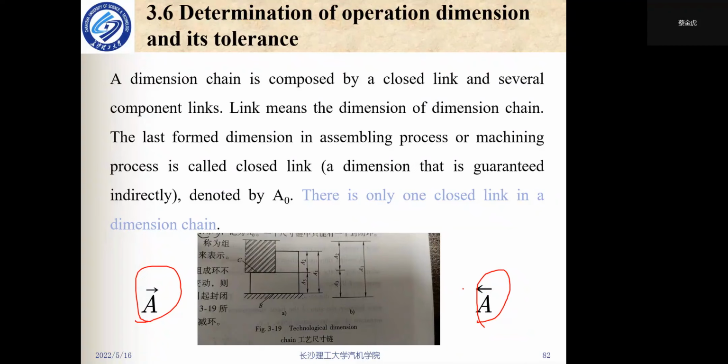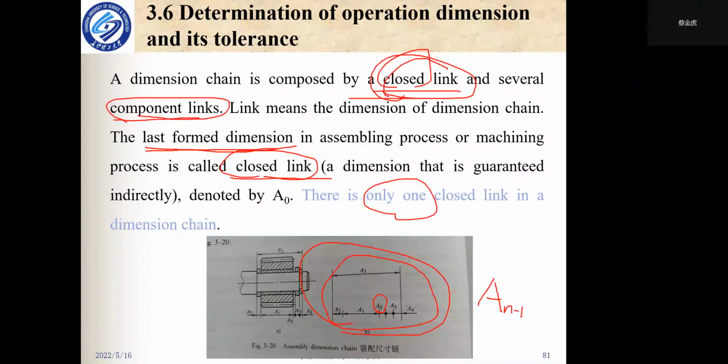Suppose other component links are constant. If the variation of a component link would lead to the variation of the closed link in the same direction, the component link is named the increasing link. What does it mean? Take this for example.